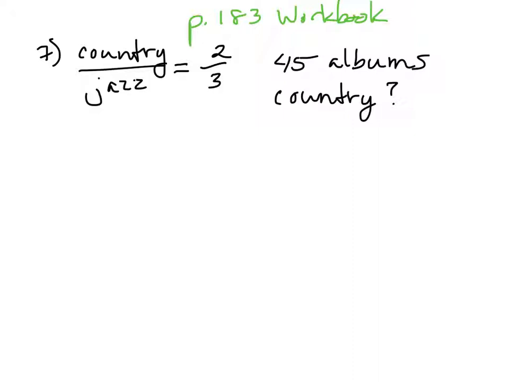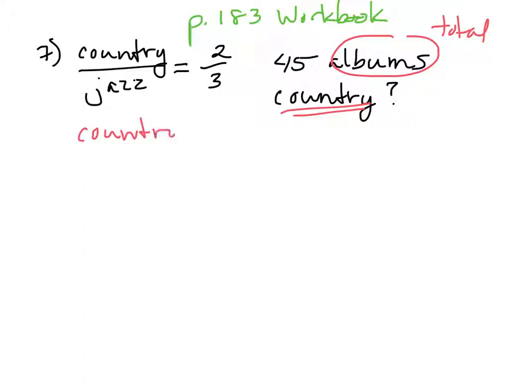How are we going to figure that out? Well, I'm interested in country albums, so look at what they've given you. They've given you 45 albums total, and then country. Can we set up a ratio that is country to total? Can we set that up?